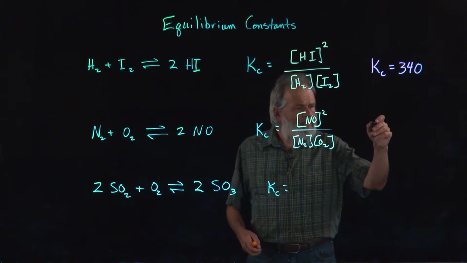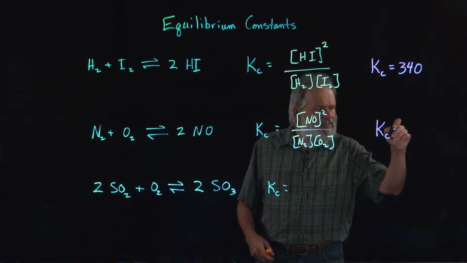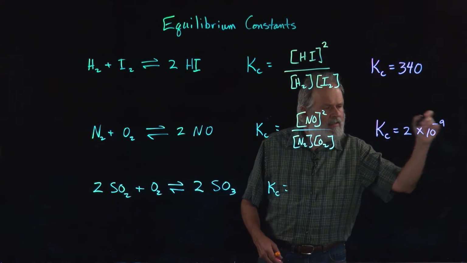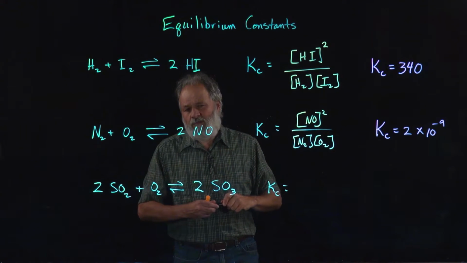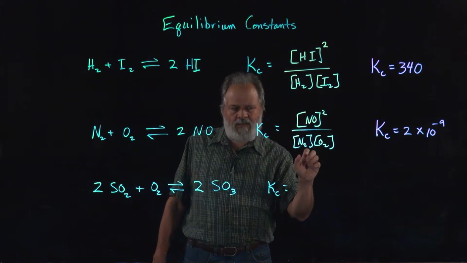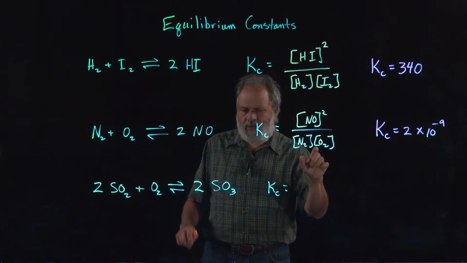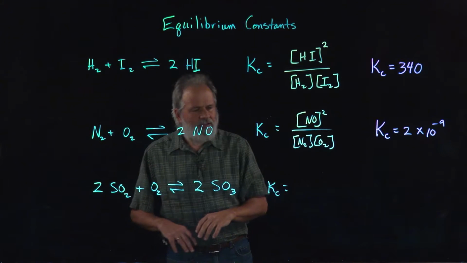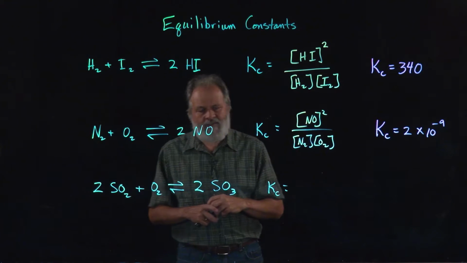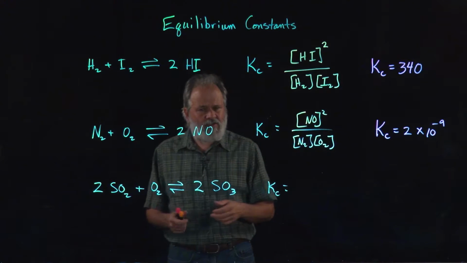Okay, and it turns out that at a particular temperature, for example, this might be 2 times 10 to the minus 9. Now this number is much smaller than 1, which means the numerator is much smaller than the denominator. And if you have a large denominator, you have a lot of reactant, which means in some sense there's not much product. Okay, so the smaller the K, the less product you expect.